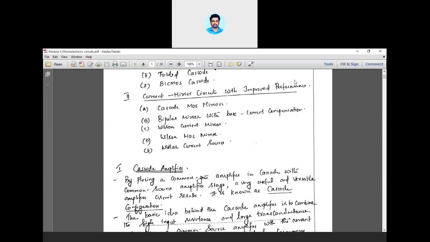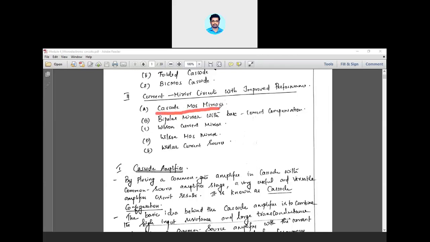Then it is followed by Wilson current mirror, then Wilson Morse mirror, and finally the Widlar current source. So all these mirror circuits as well as the current sources have their own benefits and features. Okay. So from the name itself, the first current mirror circuit, that is cascode Morse mirror, is suitable for cascode amplifier.